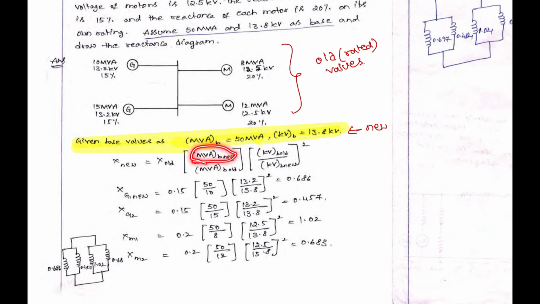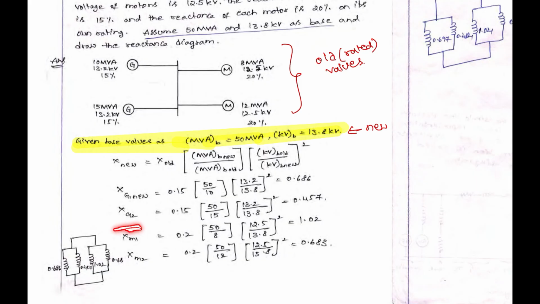What are the new values? 50 MVA and 13.8 kV. The old values are 15 MVA and 13.2 kV, which are the generator 1 old values. So the new values are taken from here, and the old values are taken from here.